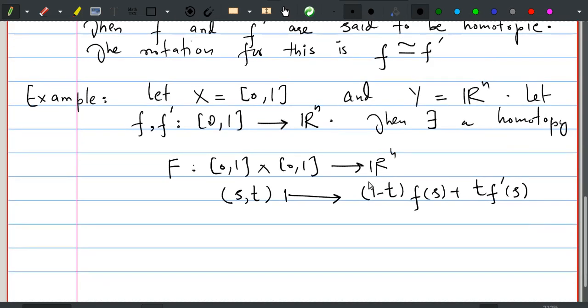Note that this f(s) and f prime(s), they are continuous, and hence this combination is also continuous. This implies that this F is continuous.